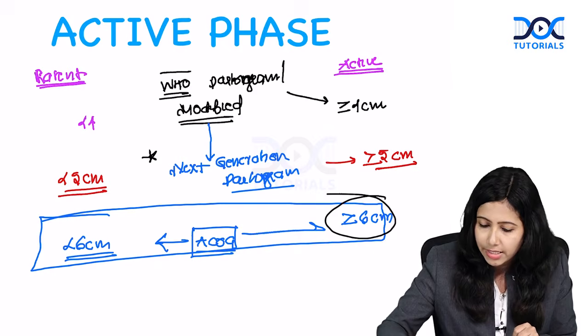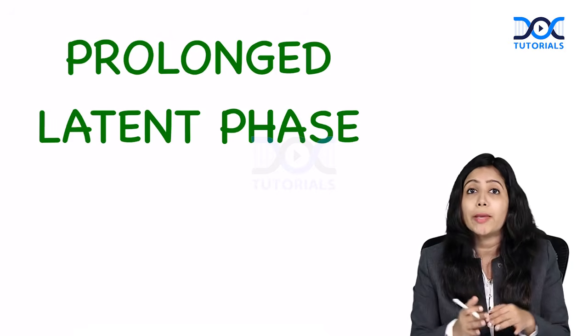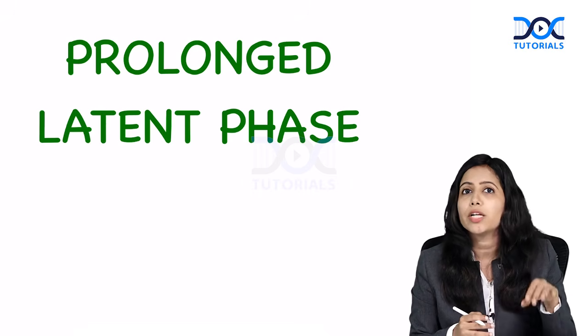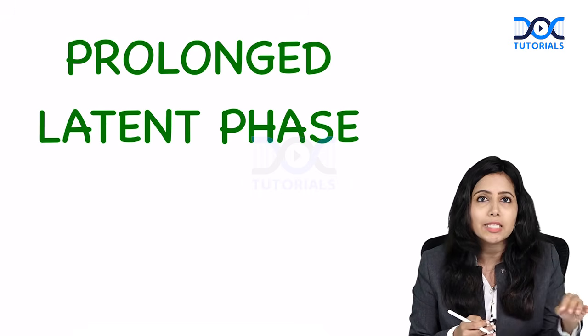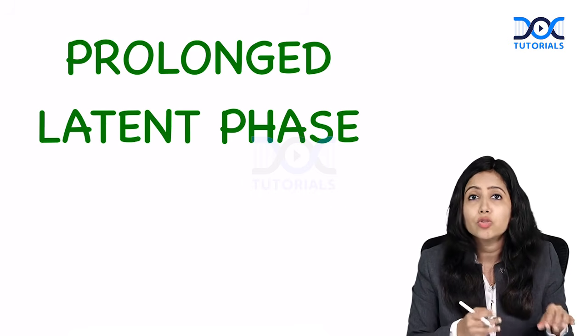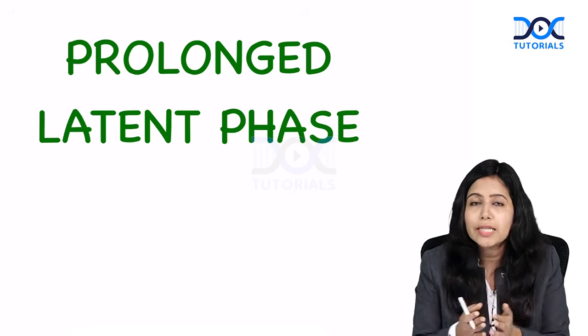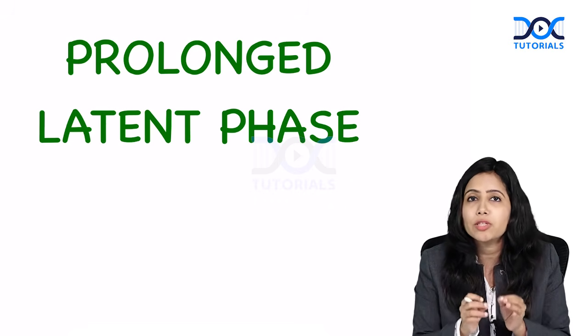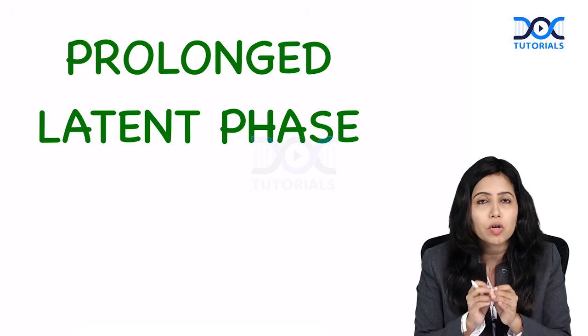Alright. Now, coming to the abnormalities in each of these stages. I told you the first stage is divided into the latent phase and the active phase. There could be problems in the latent phase. The duration of the latent phase could be prolonged.